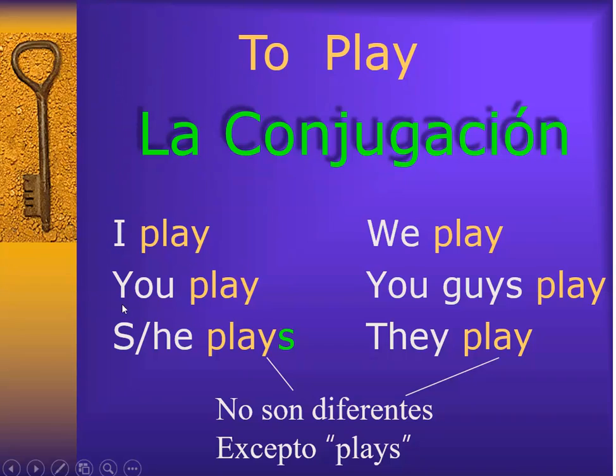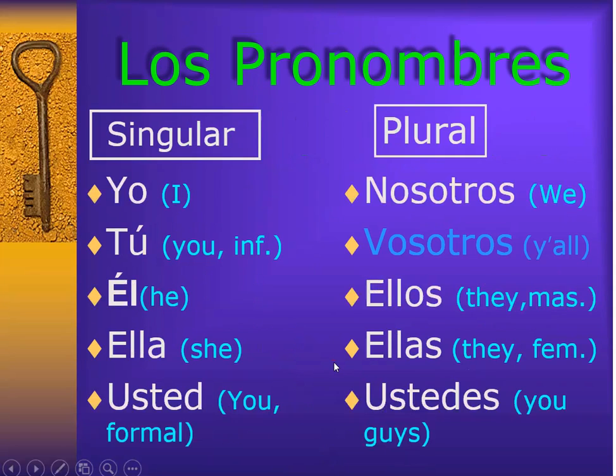You go, I play, you play, he plays, she plays, except here, okay? Only in the he, she, or it form, you can see the S that you add, you see some kind of difference. But in Spanish, you will see a lot of difference at the end of the verb, okay? We're going to talk about it in a minute.